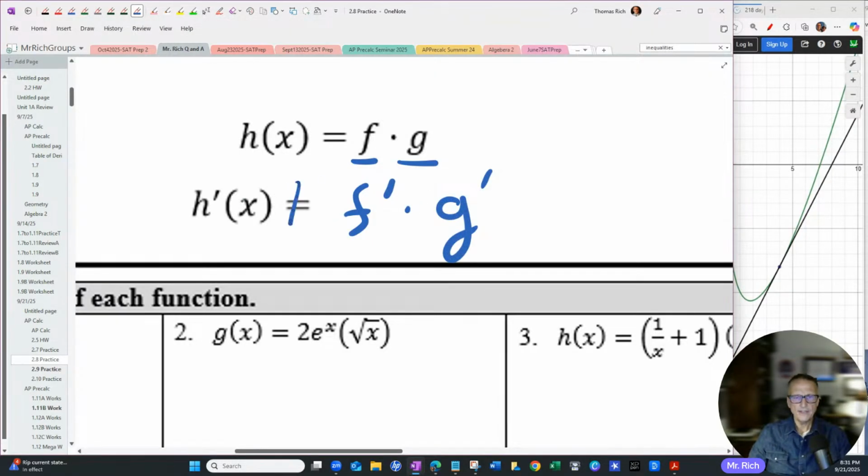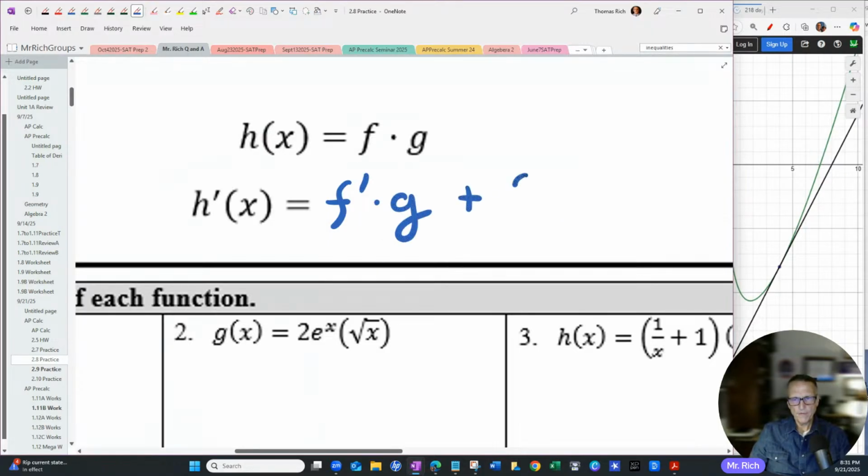That is not how you take the derivative when you have a function of x times another function of x. Instead, you have to do it this way. You have to take the derivative of the first function times the second function, plus the first times the derivative of the second. That's what we know as the product rule.